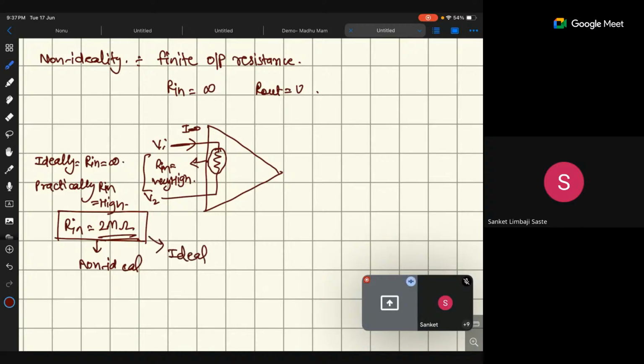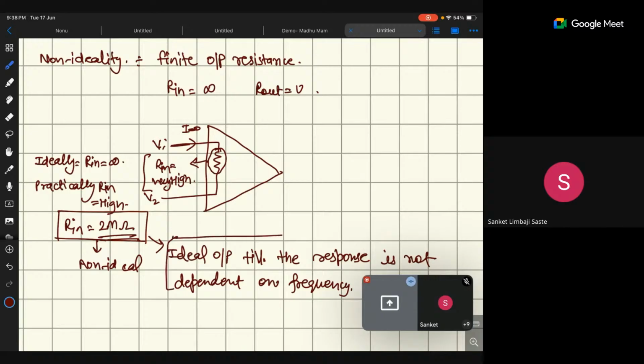An op amp is ideal as long as the response of the op amp is not dependent on frequency. Till that point, this op amp is an ideal op amp.